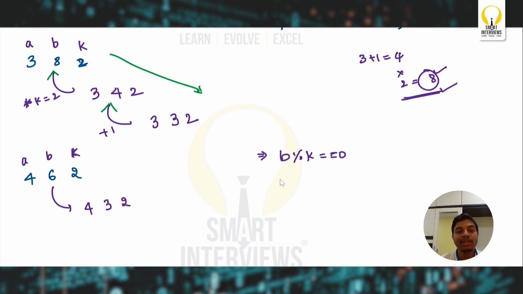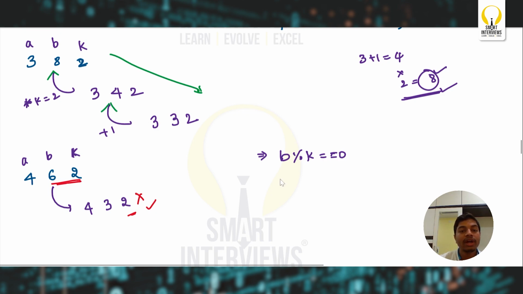So this is not a valid case. When we apply 6 by 2, we get 3, which is smaller than 4, so we are not required to perform this operation.